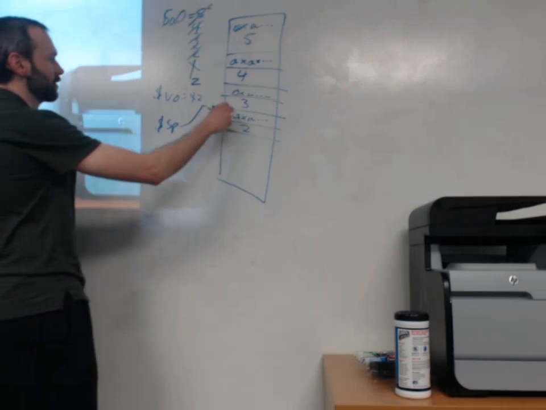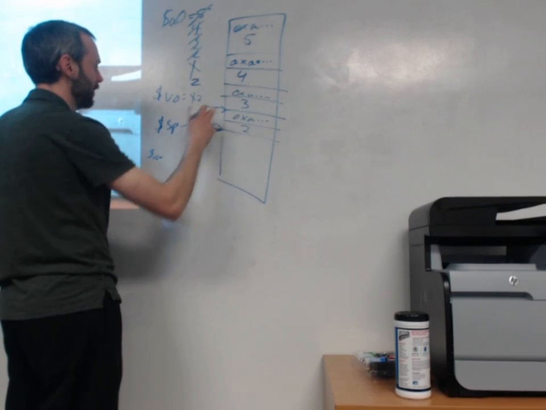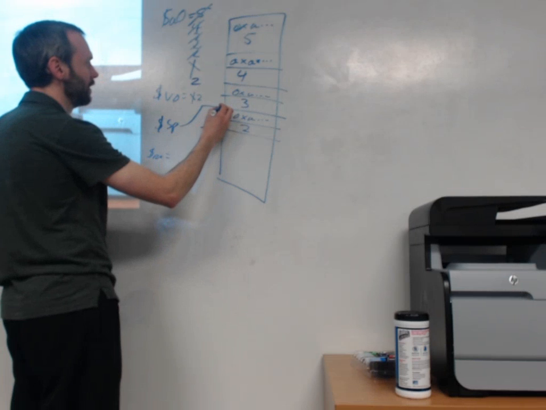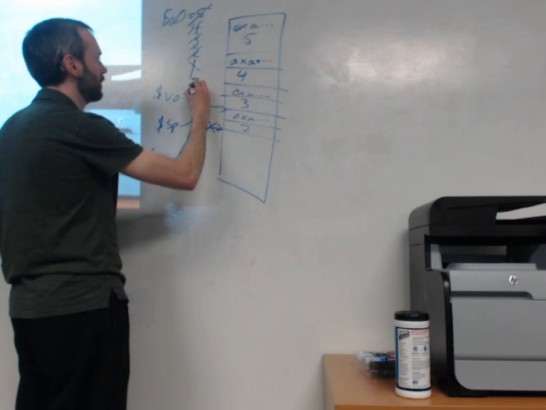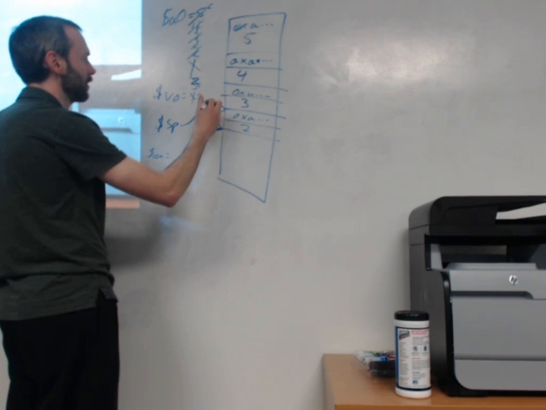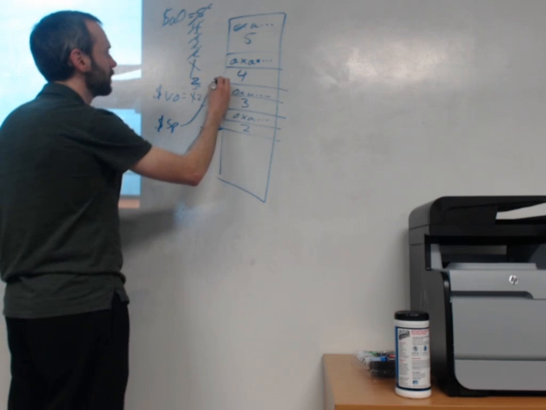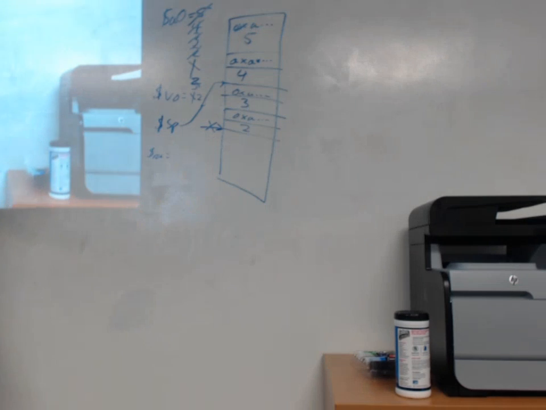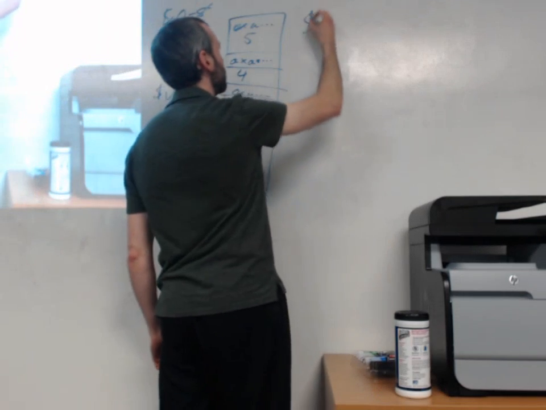Update the return address with that value, so RA has whatever's up there, just putting that there. A0 is going to be restored to 3, and then we're going to update the stack pointer so it does go up to here. Ooh, this is getting a little messy, so I'm going to write V0 over here.